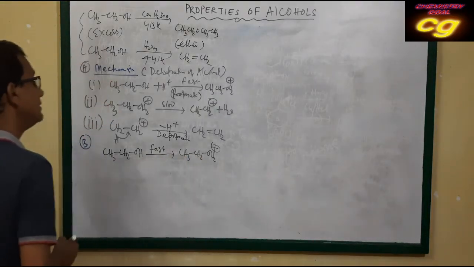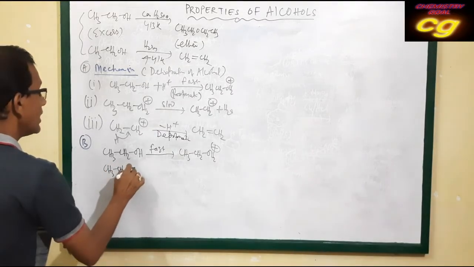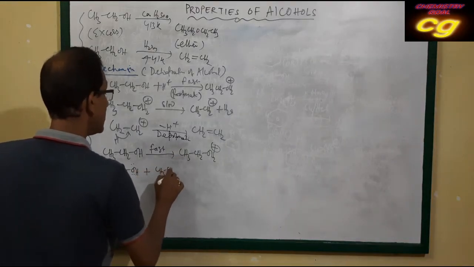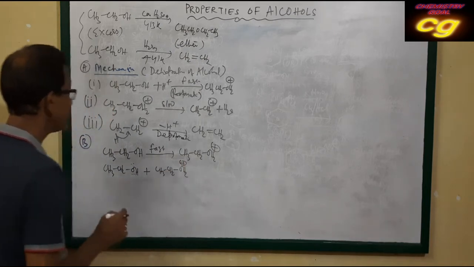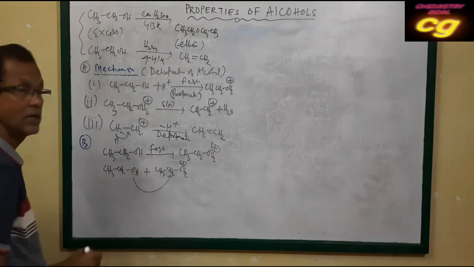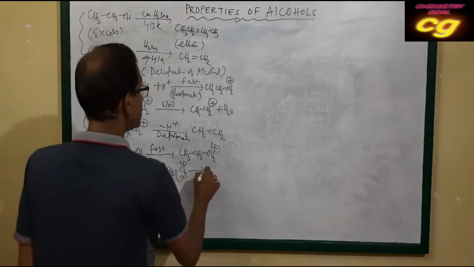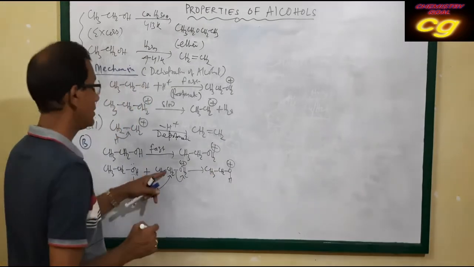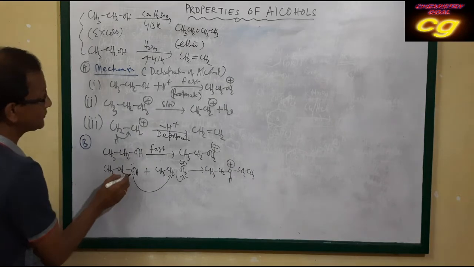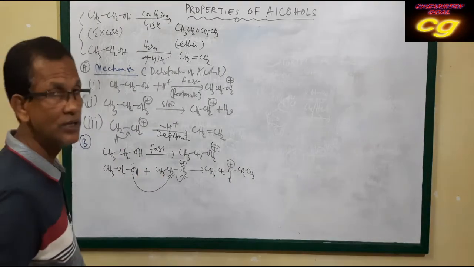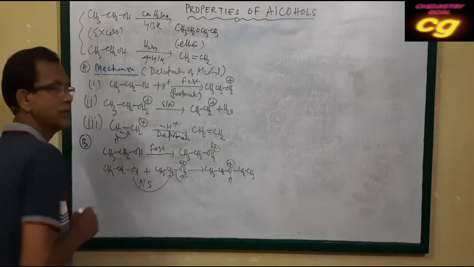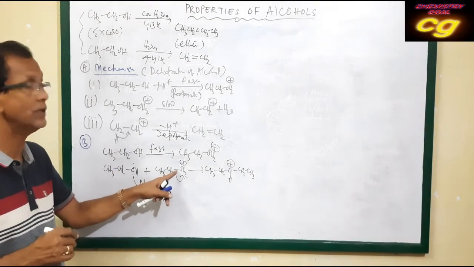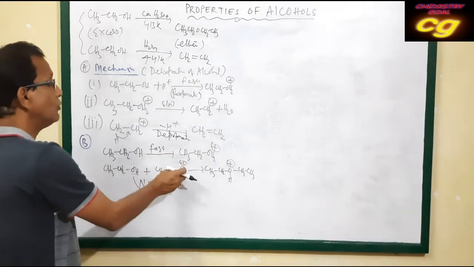Then after protonation, another alcohol molecule, having a lone pair, acts as a nucleophile and reacts with the carbocation. Here the oxygen attacks the carbon, then a water molecule is lost, giving CH3CH2-O(H plus)-CH2CH3. This is called nucleophilic substitution: the attack of a nucleophile on the carbon, while the leaving group leaves from the carbon atom.